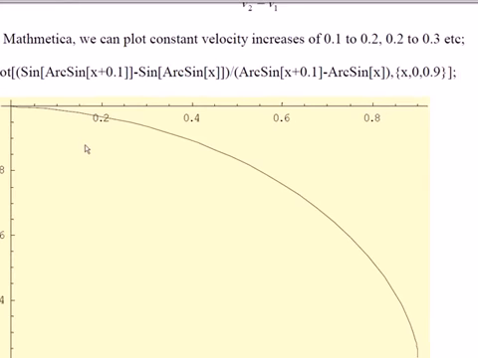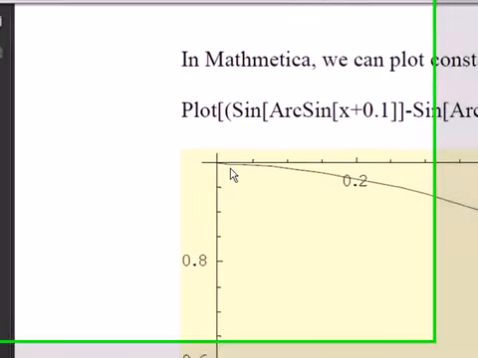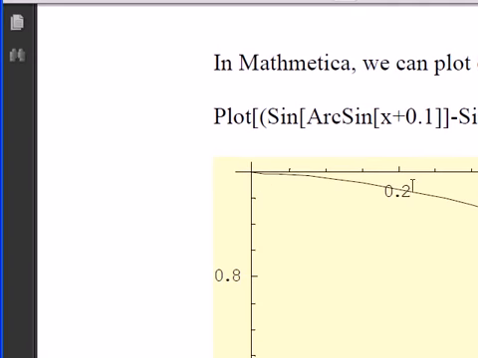What you see here is that from 0 to about 0.2 of the speed of light, it's pretty much linear. So right here to here, it's pretty linear. That would be 0.1 of the speed of light. Sorry, that's 0.2, so that's 0.1.